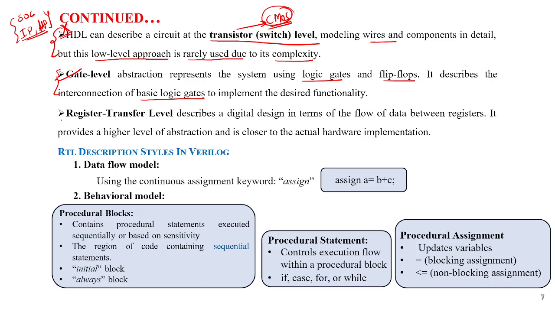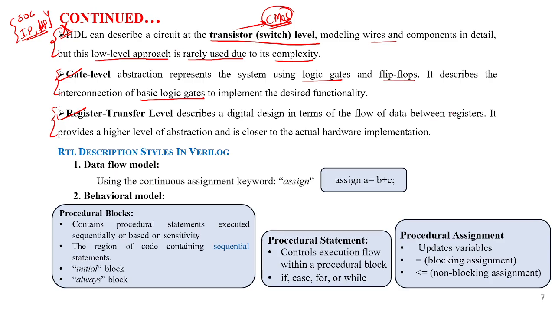And RTL, I told you, is a higher level of abstraction. It shows how data is transmitted through the registers, that's why we call it RTL. Don't confuse it with registers in digital.